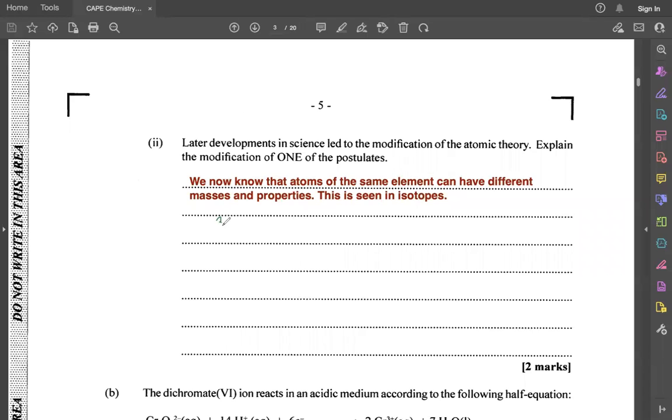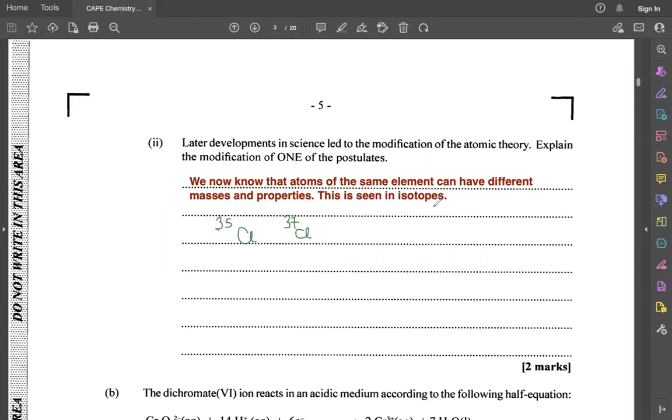So we have 35Cl, and we have 37Cl. Now the element is chlorine, but we see that there are 2 atoms here that are both chlorine, but they have different mass numbers. You see that? One is 35, one is 37. So that's a modification that was made to one of these postulates: atoms of the same element can have different masses and properties, and this is seen in isotopes.